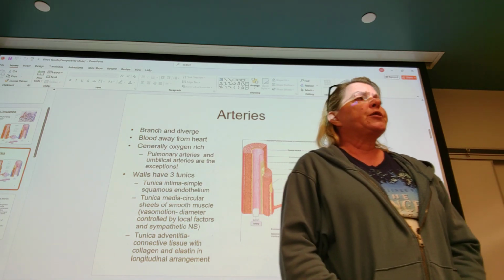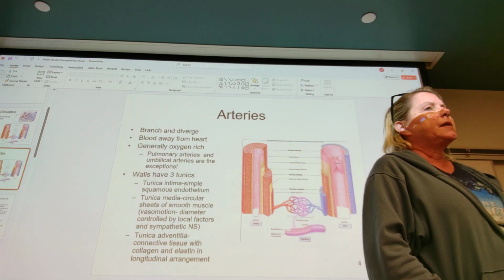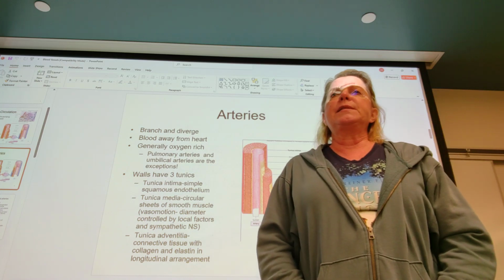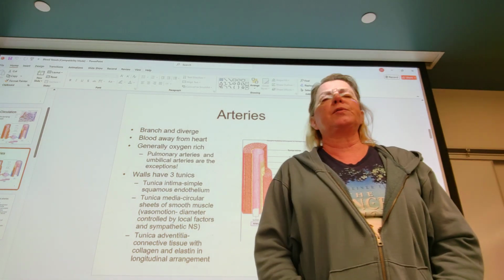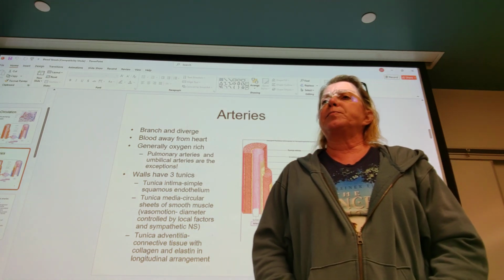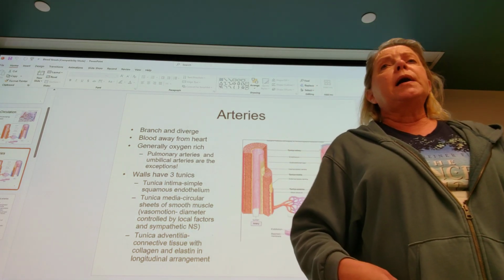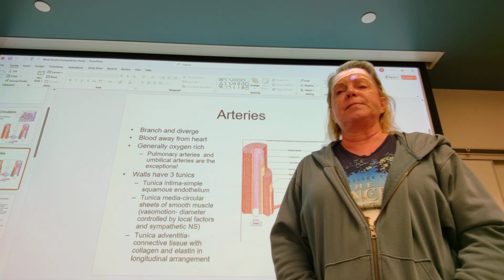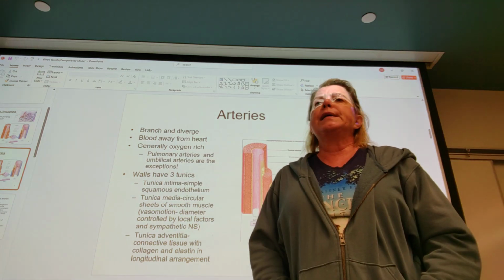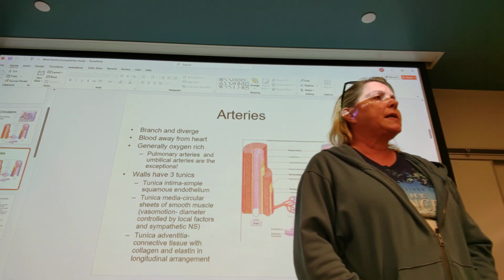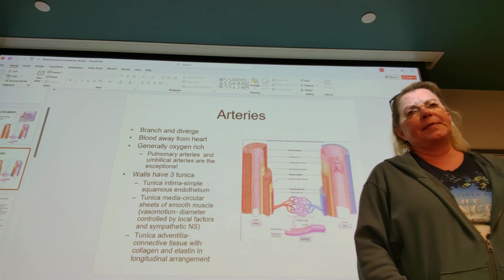The most internal layer is the tunica intima. And I want you to think of intima sounding very similar to the word intimate. And I want you to think of that layer being very intimate with the blood inside that's flowing through the vessel. The tunica intima is made up of simple squamous endothelium.